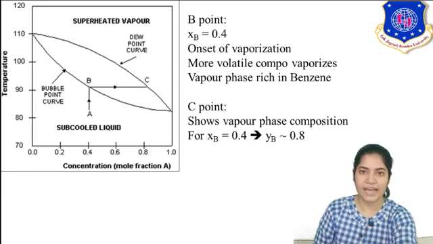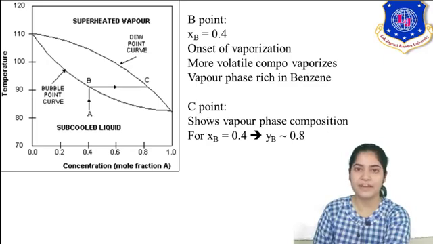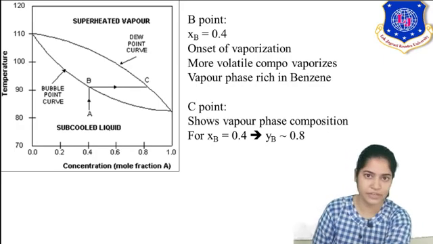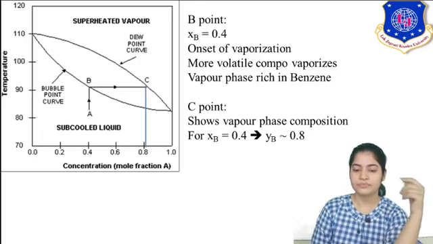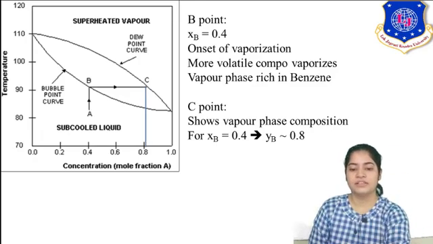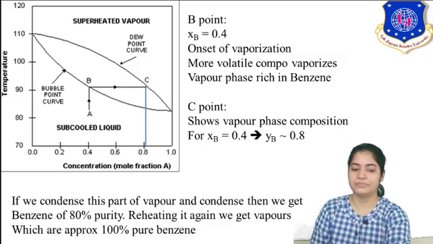So at C point I can say that for my XB equal to 0.4, I get my YB, that is vapor phase composition of benzene, approximately equal to 0.8. So see, here enrichment has taken place. In vapor phase, you got more amount of benzene. The corresponding 0.8 is the concentration of benzene in vapor phase.